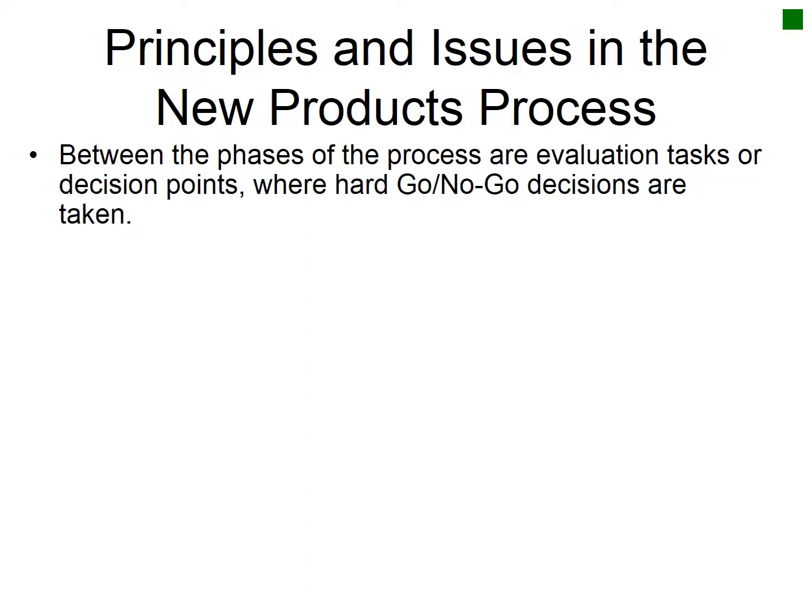So traditionally, we would call this a stage gate process, where you have a stage and then you have some type of an evaluation which forms a gate. And if you pass the evaluation, then the project moves forward to the next phase, or it successfully moves past the gate that has been created to hold it back if the product or idea or the concept is a no-go type of a situation.